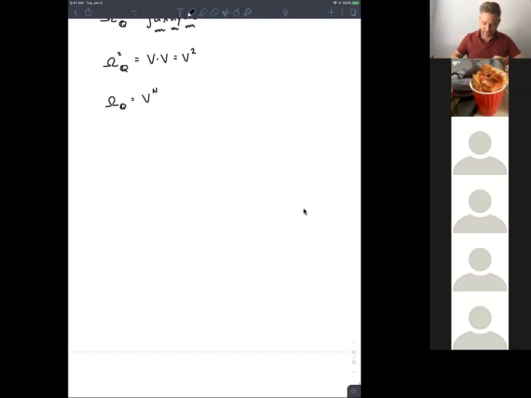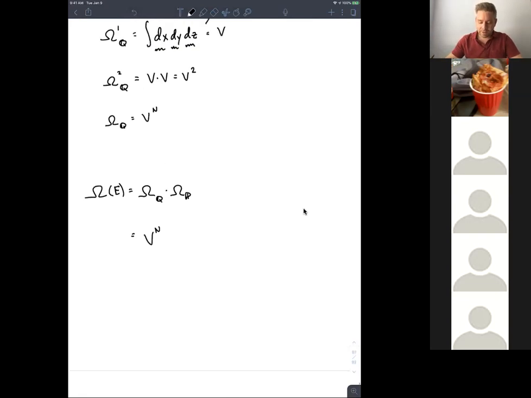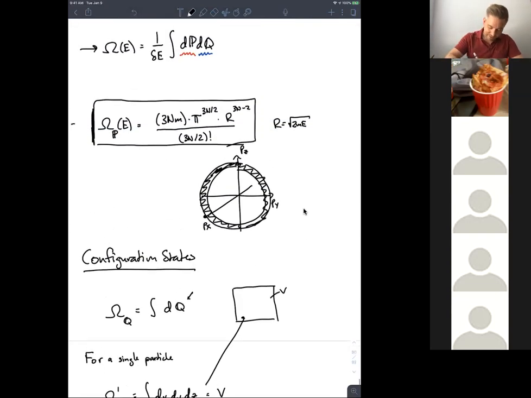Okay, cool. So to get the total density of states for our ideal gas, we take our density of configuration states times our density of momentum states. Our density of configuration states is simply V to the n. And our density of momentum states is this thing that we derived last week or Monday or something, I don't remember exactly.